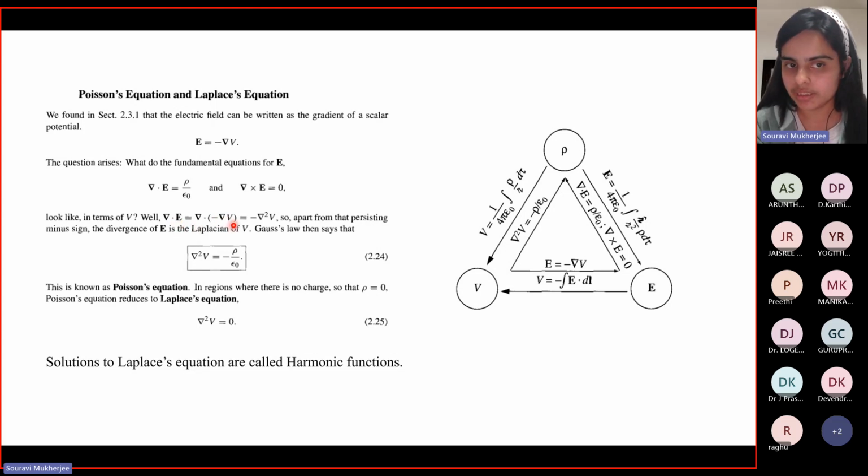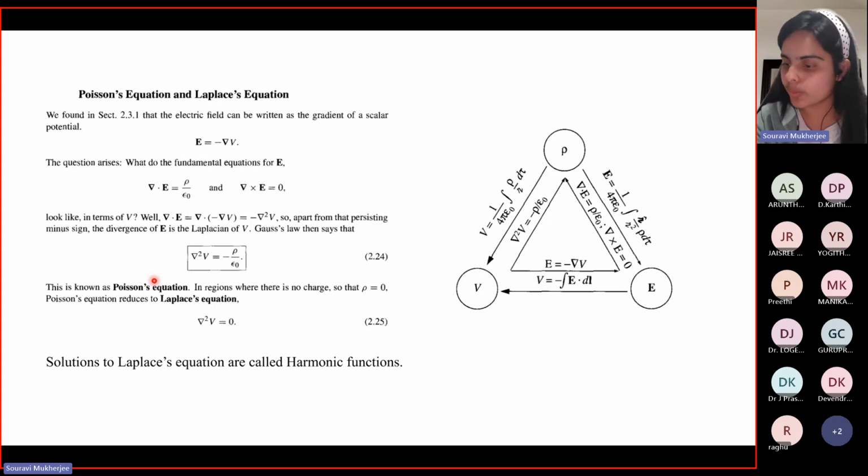What you get is del square V is equal to minus rho by epsilon naught, right? So you actually have to use the Poisson equation.